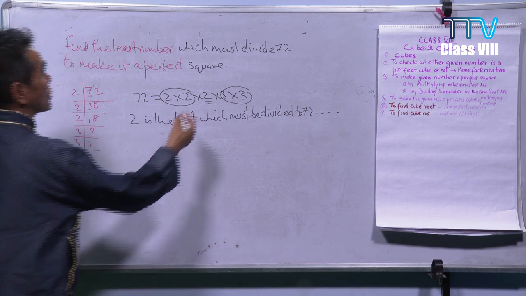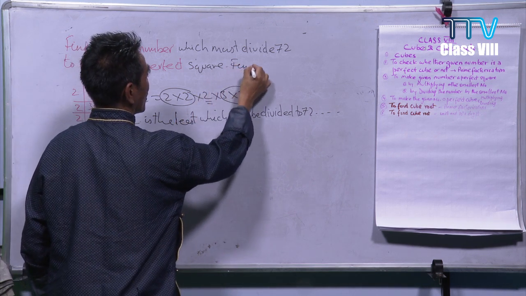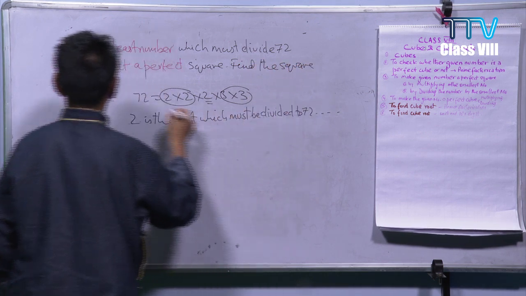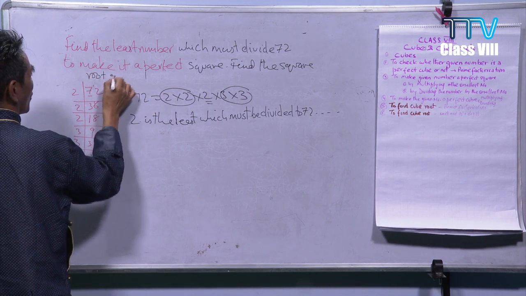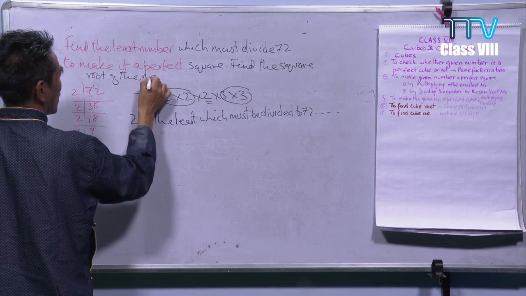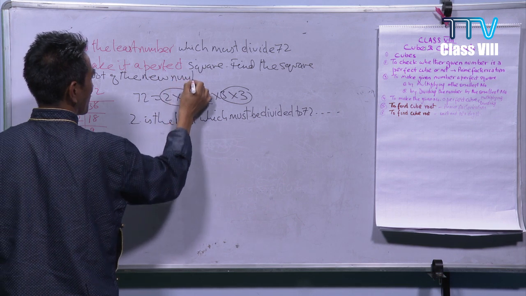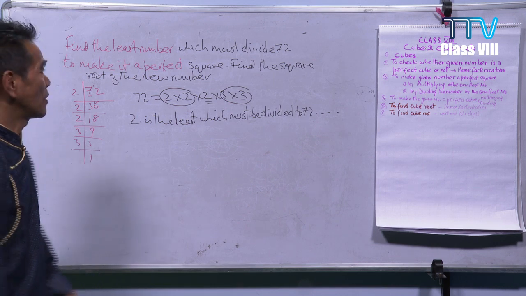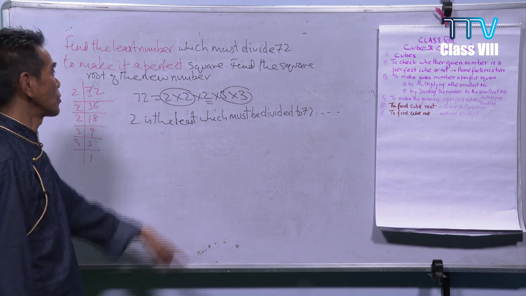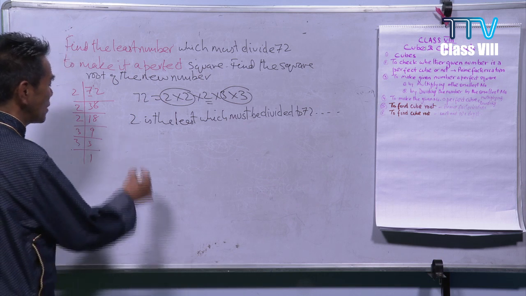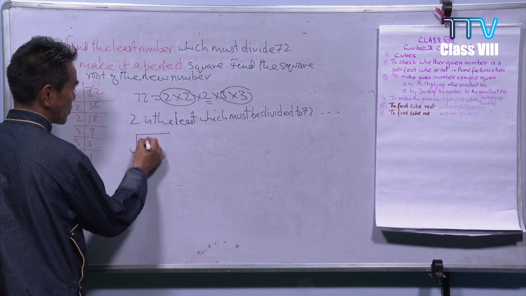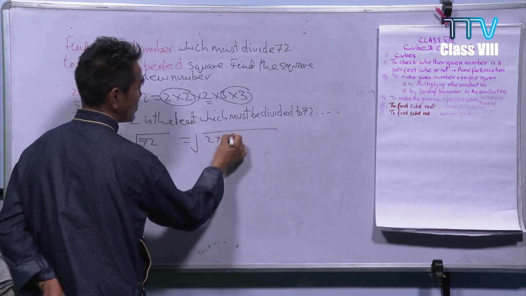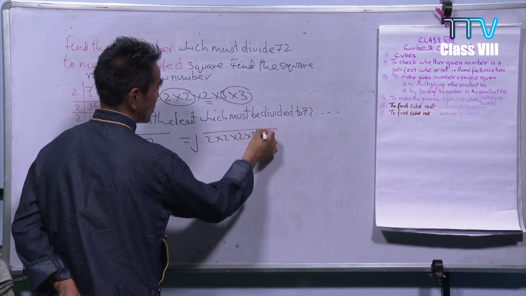To find the square root of the square, we find the square root of the new number, then the square root of the quotient, then the square root of the resulting number. Take 72: its prime factors are 2 multiplied by 2 multiplied by 2 multiplied by 3 multiplied by 3.